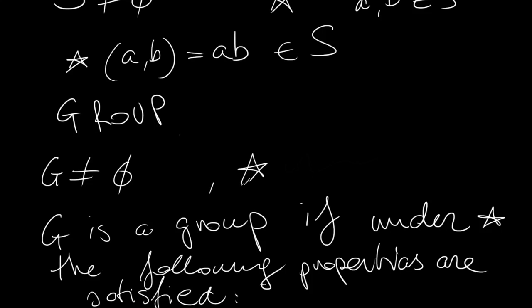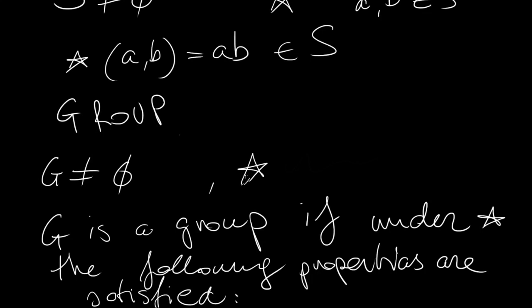But let's stop here already. A group is a non-empty set equipped with an operation that satisfies some properties. So a set is not a group. A group needs a set, it needs an operation, and if we operate the elements of the set with this operation, then we satisfy the properties.